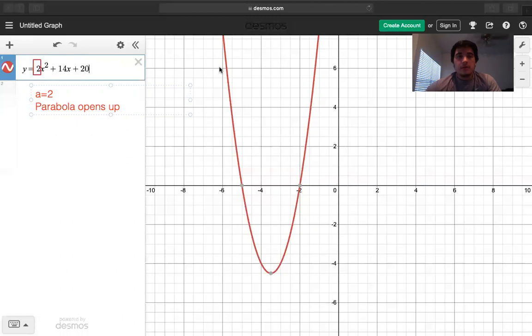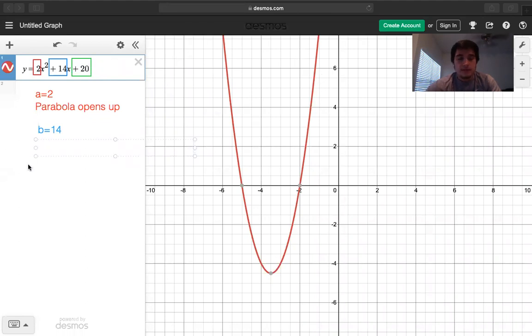Next, we'll go to B. So B, remember, is all of this inside, so positive 14. I'm just going to say B equals 14. We can't really tell anything from that right now, but we just write it down. Then we go to C, which is this positive 20 in the back.